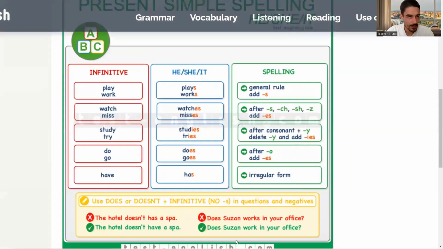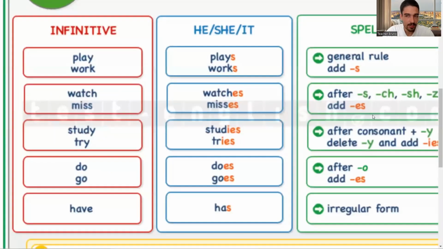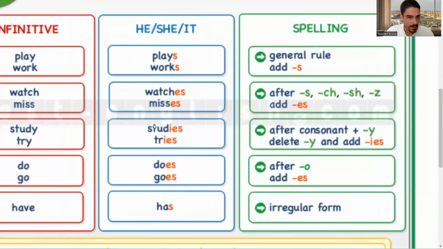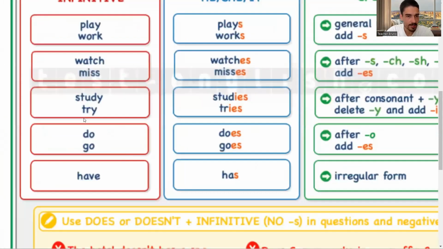There are some variations on the verb conjugation. For example, if it ends in ch, s, or z, we must add es. Watches, misses. If it ends in a consonant plus y, we add ies. Study, studies. Try, tries.